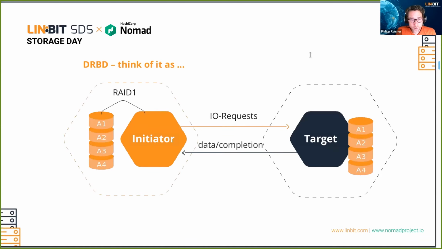So when we look at this data path component from a very high altitude, it is like a RAID 1 between a local backing block device and an initiator connected to a target, and behind this target, there's again real storage devices.